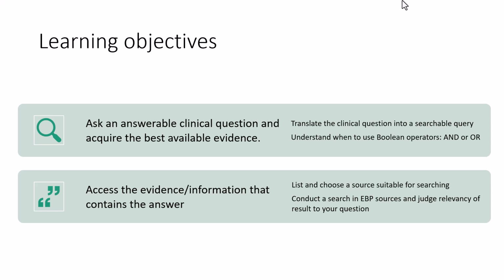You should be able at the end of this course to run simple searches and judge the relevancy of the search results and select the documents that potentially could contain the answer to your question.